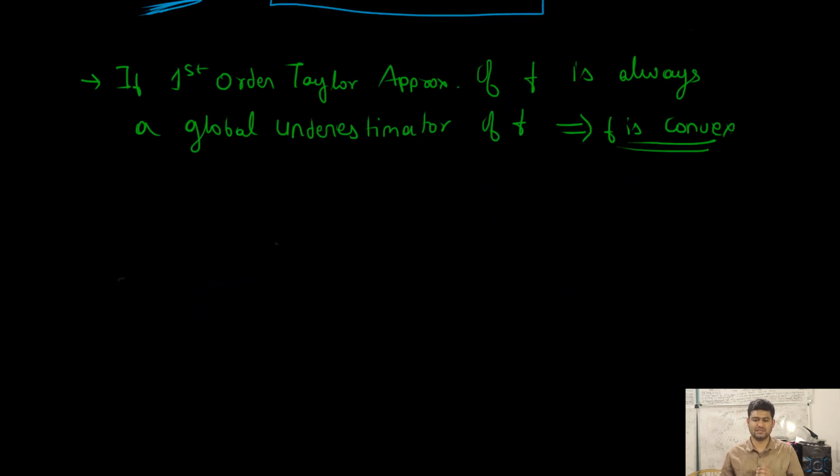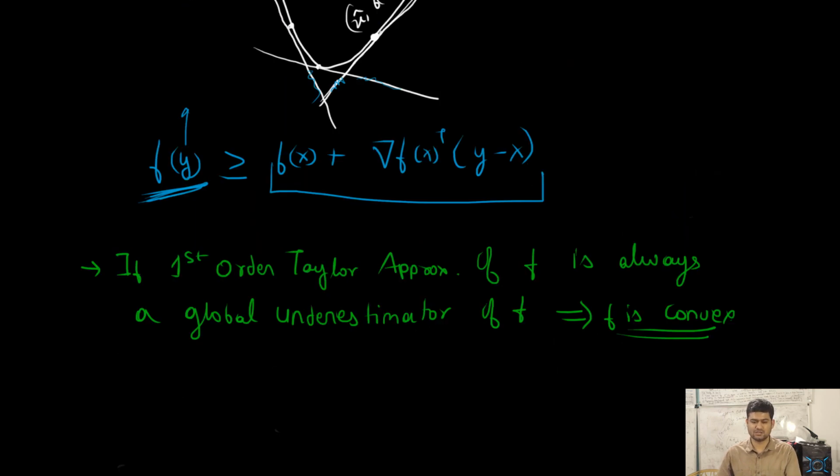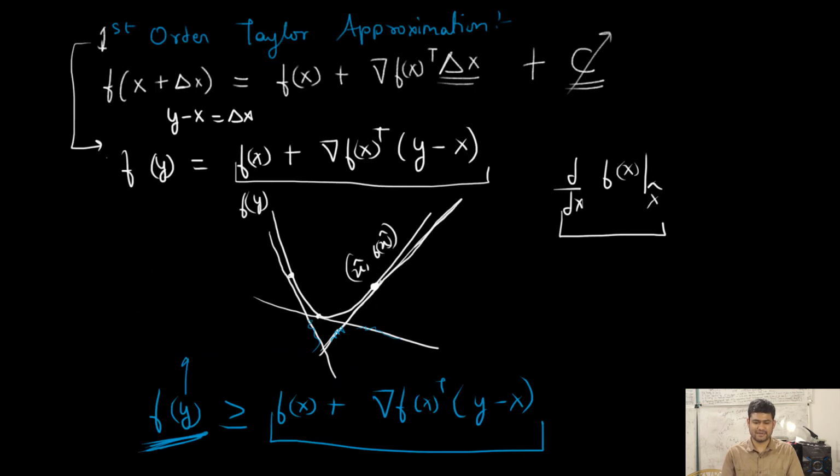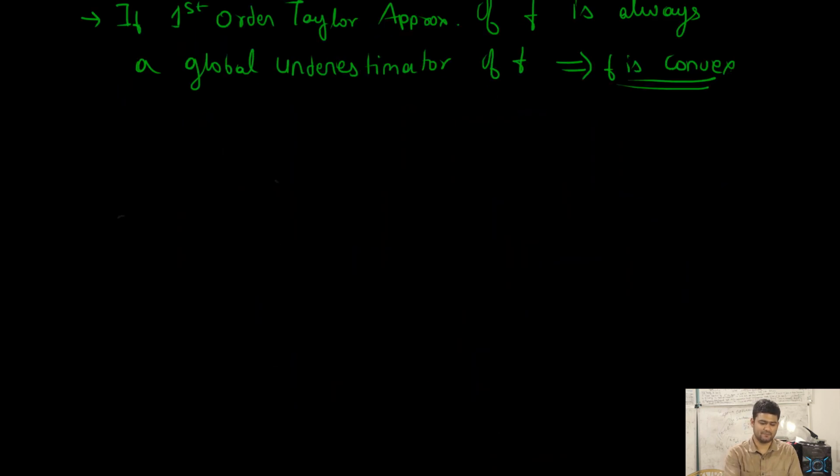And one of the remarkable properties as a result of this condition is that if the gradient of f is 0 at any given point. So let's consider that there is a point x hat at which the gradient of the function f at x hat is equal to 0.